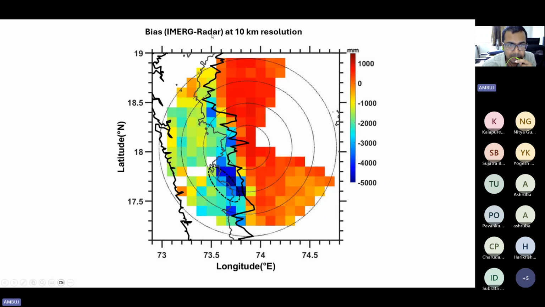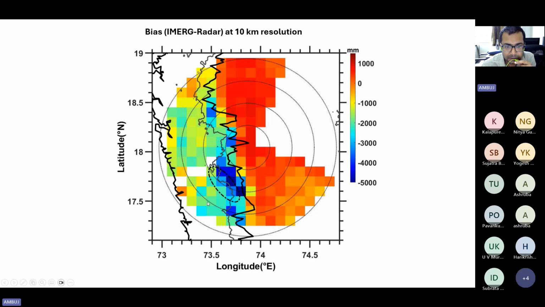This bias I have calculated at 10-kilometer resolution, which is basically IMERGE minus radar estimate, just to give a feel of the magnitude of the difference. We see that over the rain maxima zone, almost up to minus 5,000 rainfall is being underestimated by IMERGE, whereas in case of the lee side, there is some overestimation.